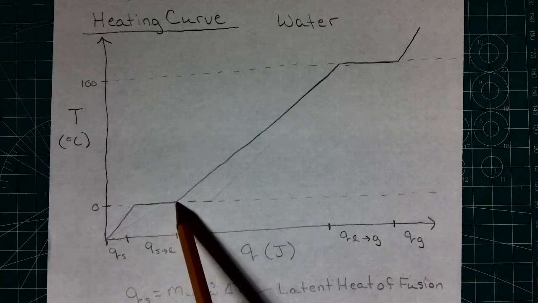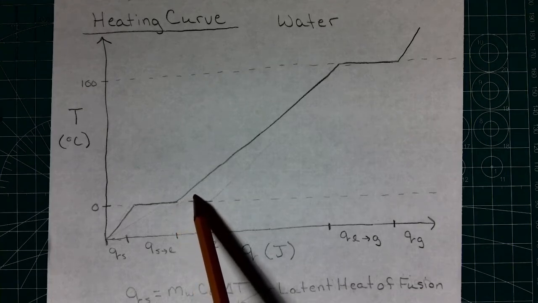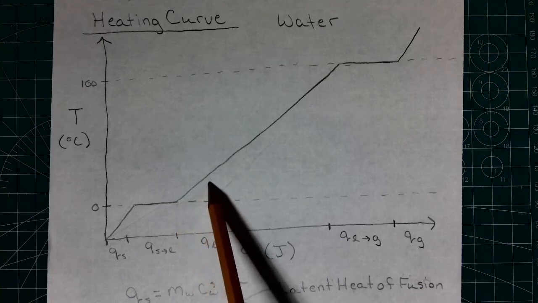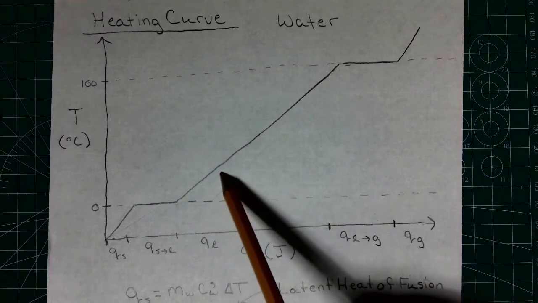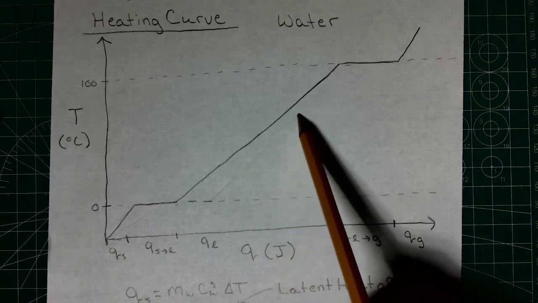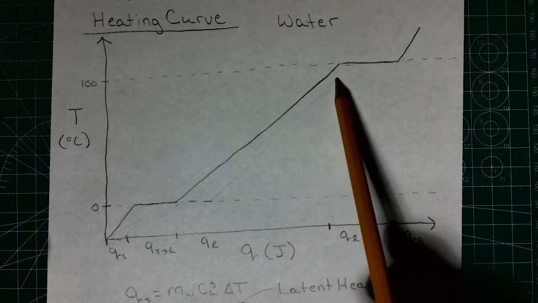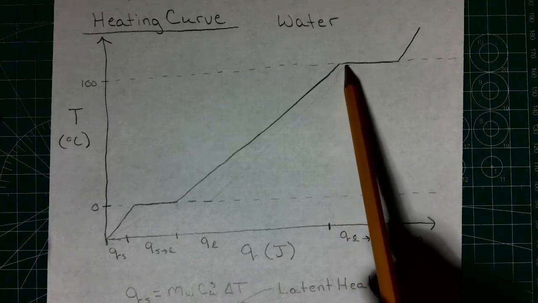And not until all of the solid has turned over to liquid water will it start to rise in temperature again. So at this point, we now have a complete and total liquid, and it's rising at actually a slower rate than the ice did, all the way until we get to 100 degrees Celsius. At 100 degrees Celsius, it's going to start to boil.